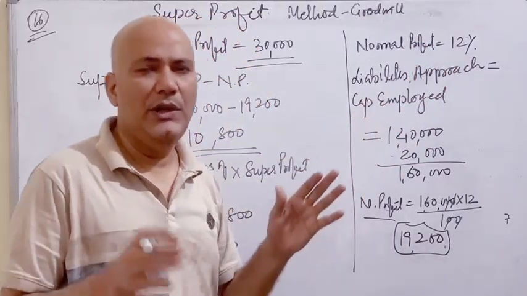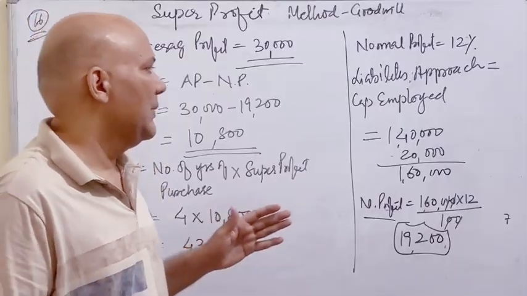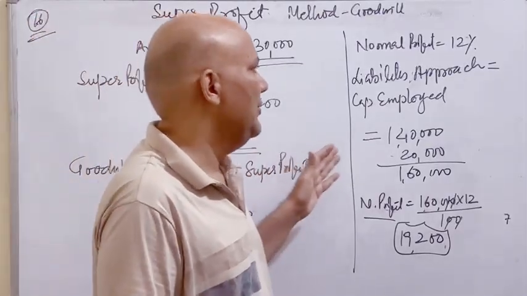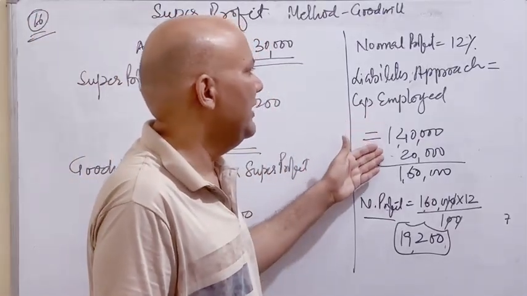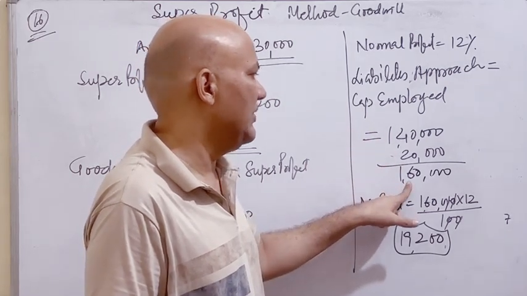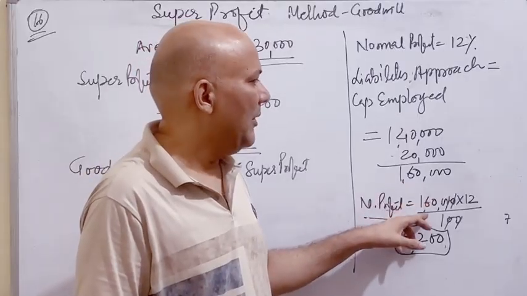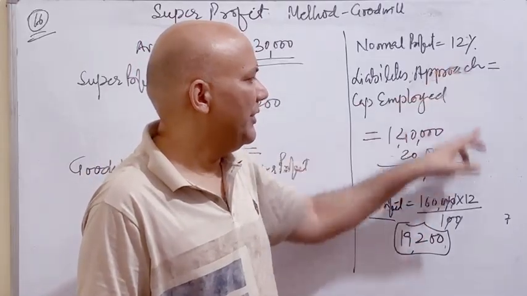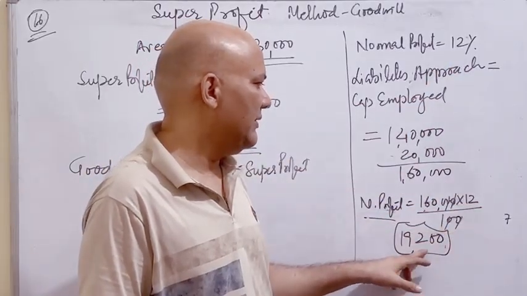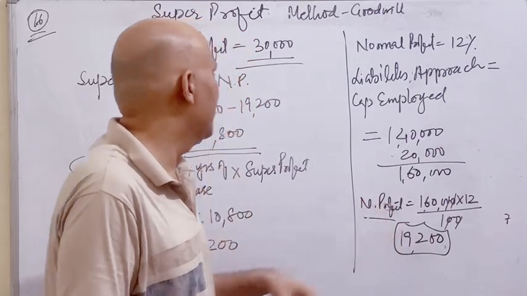Capital employed we can find from two approaches, the liability approach or the asset approach. Here the capital employed is share capital plus reserve and surplus, which comes to 1,60,000. Normal profit is capital employed multiplied by the rate of return, 12%, which gives 19,200.